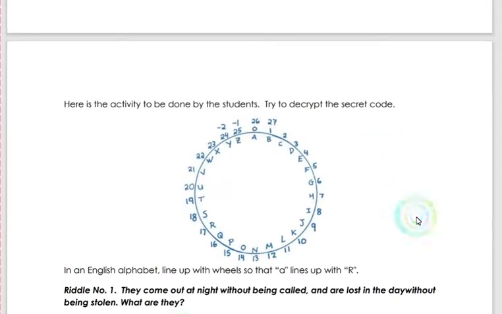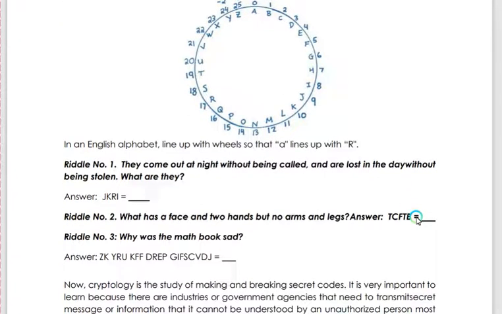Okay. So we have here an activity for you to find out the answers. The first is: they come out at night without being called, and are lost in the day without being stolen. What are they?